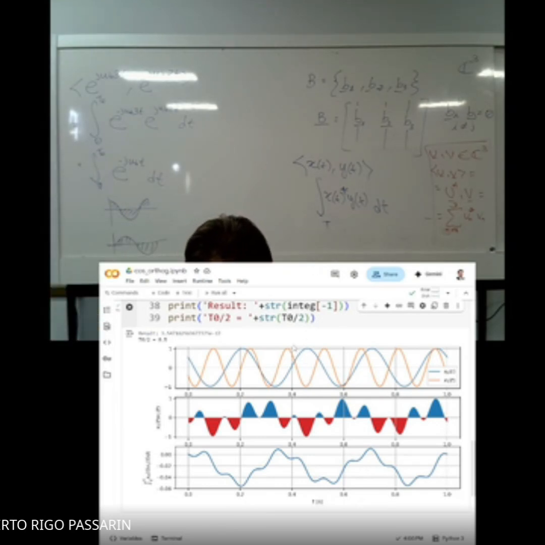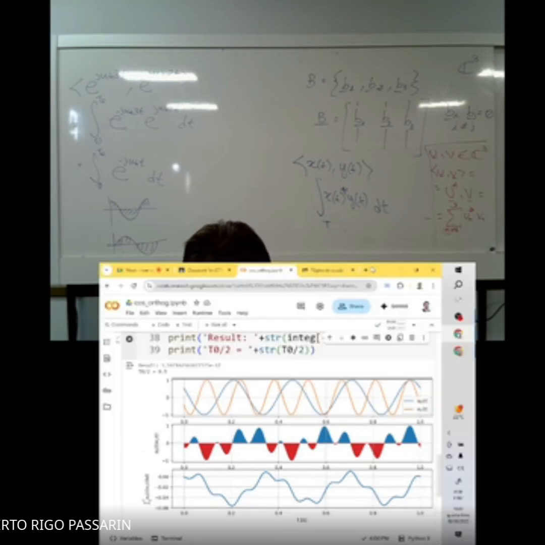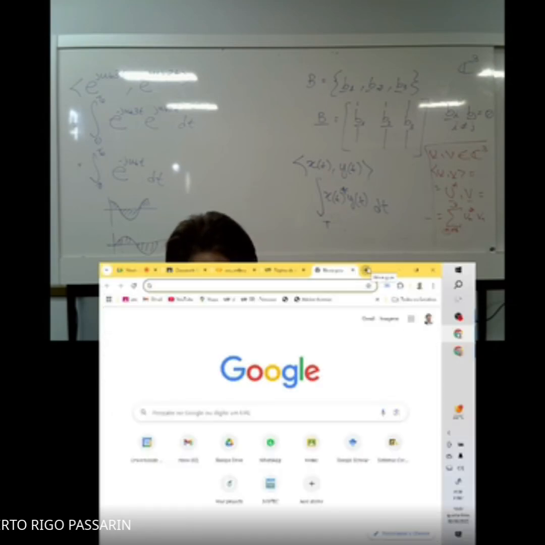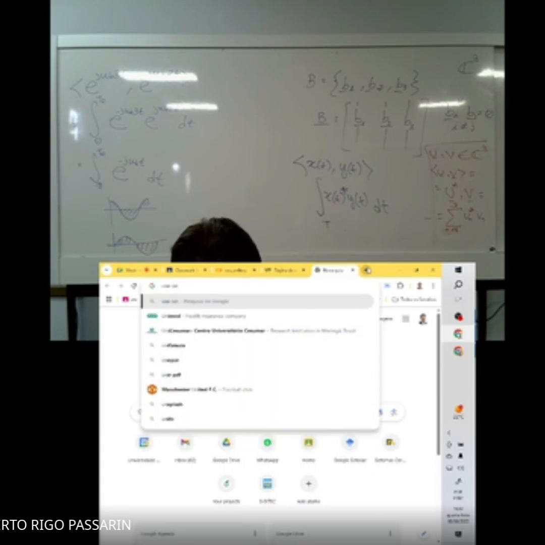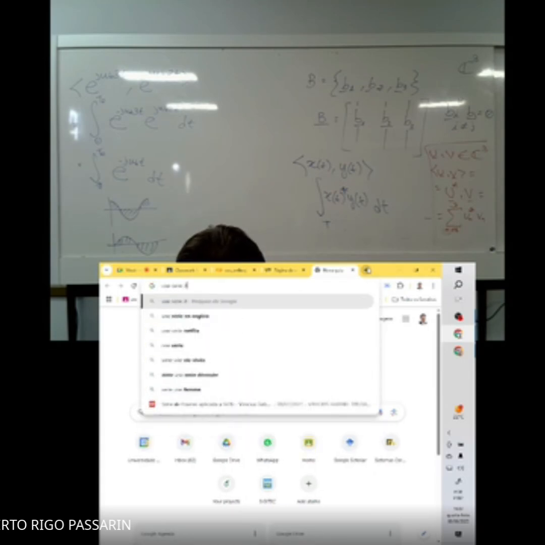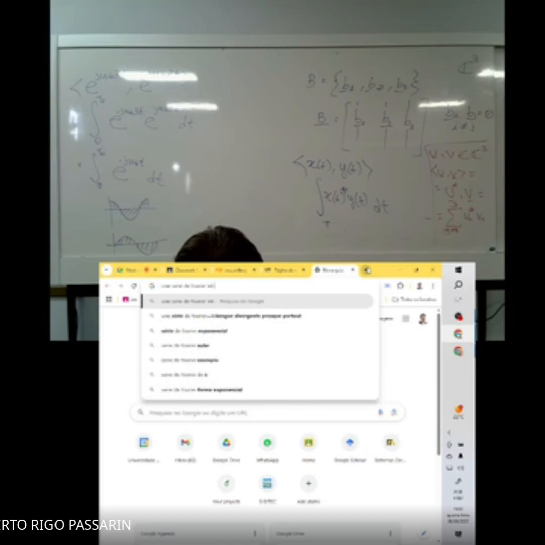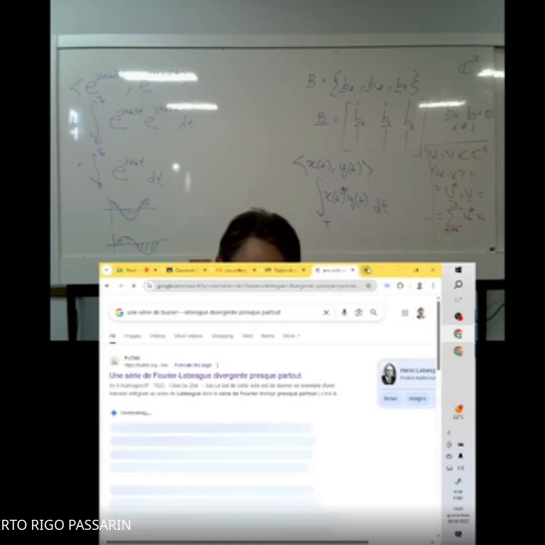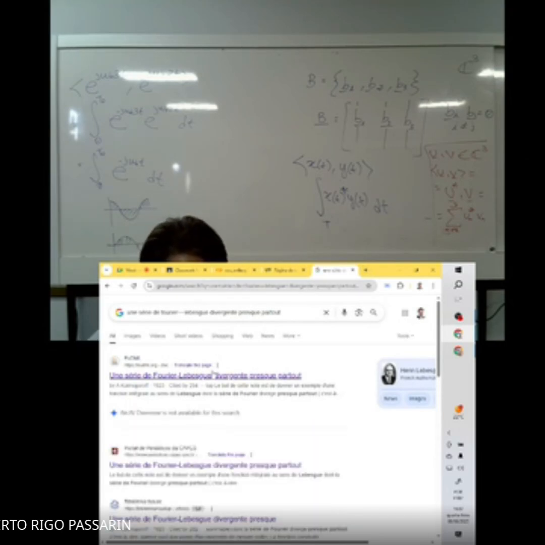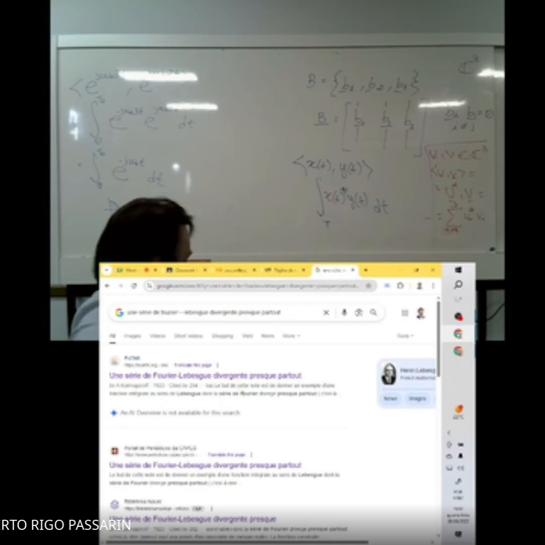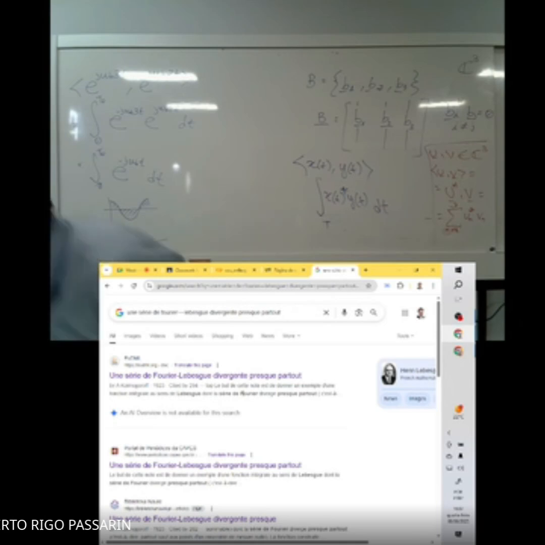For instance, a Fourier-Lebesgue series divergent almost everywhere. A Fourier series that diverges for almost every instant of time. So with continuous signals, the thing is a bit tricky, if this is really a basis for any periodical signal.